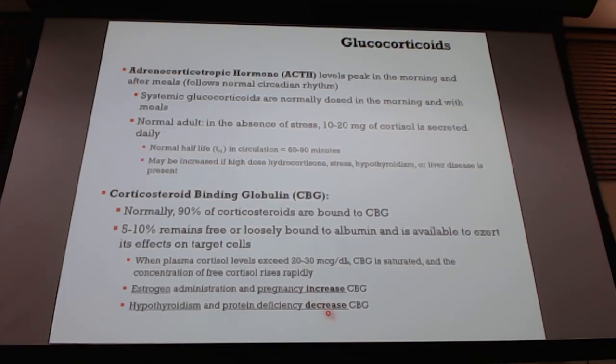So just think about how that plays into your levels of CBG. Okay? If I have a lot of CBG around, more of my steroid is going to be bound to that CBG. If I don't have a lot of CBG around, I now have more steroid that can float around and have action in my body. Okay? So bound versus unbound.